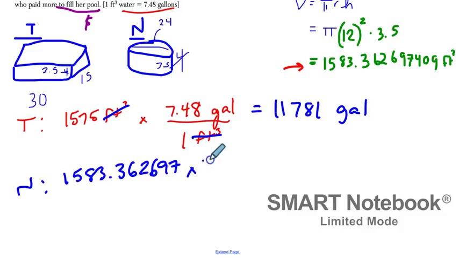1,583.362697 and so on, and there's 7.48 gallons per every cubic foot.